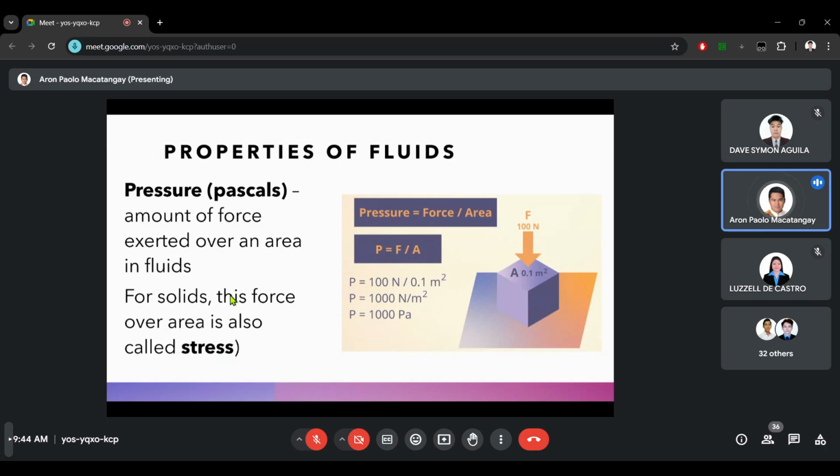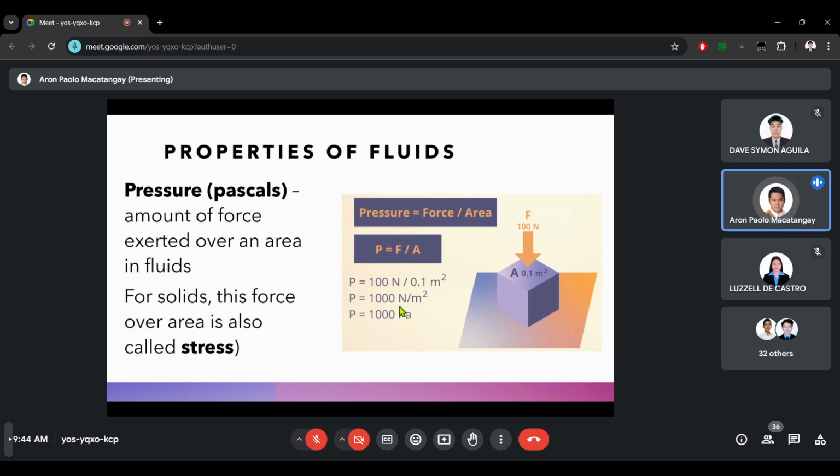For example, for a solid, if you apply a 100 Newton force to an area of 0.1 meter squared, then the pressure or the stress experienced by that area would be force over area, which is 100 newtons divided by 0.1 meter squared.